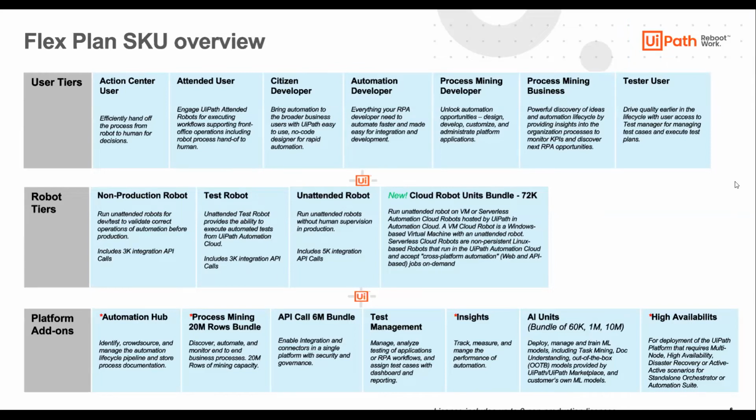Yeah, with the Action Center though, because the Action Center is meant for the business, the SMEs, the people that are actually doing the business process, for them to be the human in the loop to make decisions for the robot. In that case, just tying it to one user makes it really difficult in a functional process.